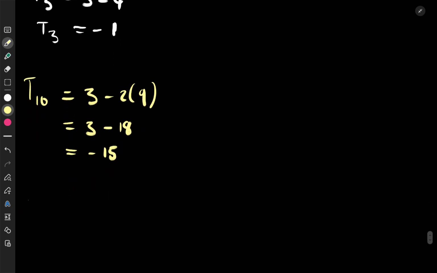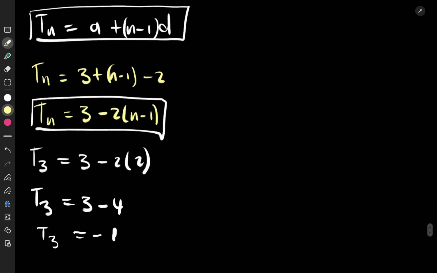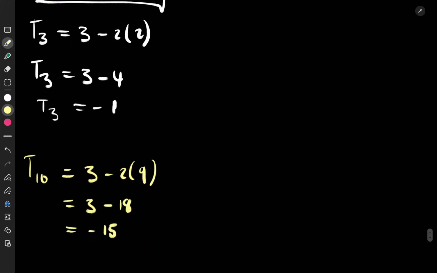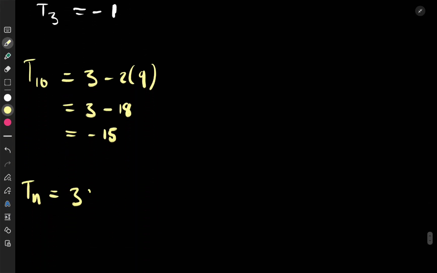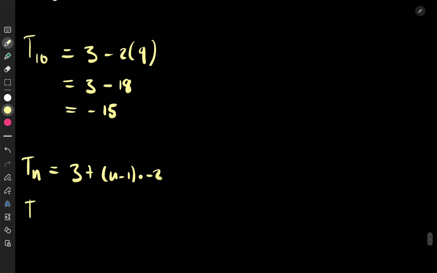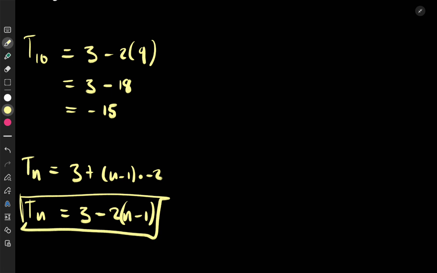Then I can put my Tn again: 3 plus n minus 1 times negative 2, or more formally written as 3 minus 2 multiplying n minus 1, the whole bracket. And this is my Tn, and I am done.